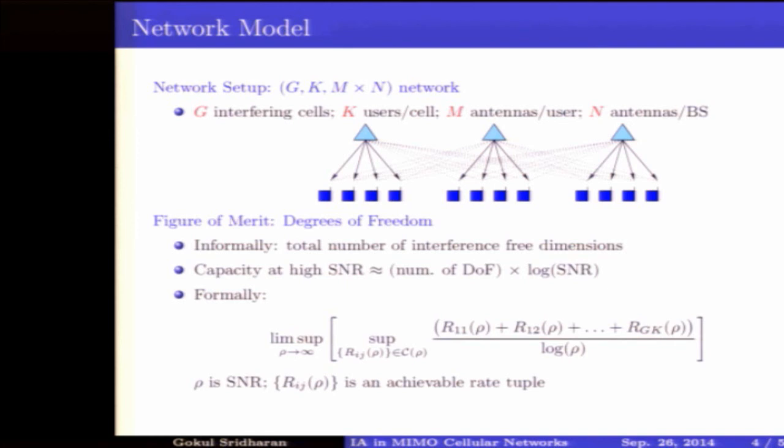And I'm interested in degrees of freedom. Degrees of freedom is essentially the pre-log factor of capacity. It's the total number of interference-free dimensions one can create. And capacity at high SNR is simply log SNR times the number of degrees of freedom that the network can support. And of course, you can also give it a very formal definition.